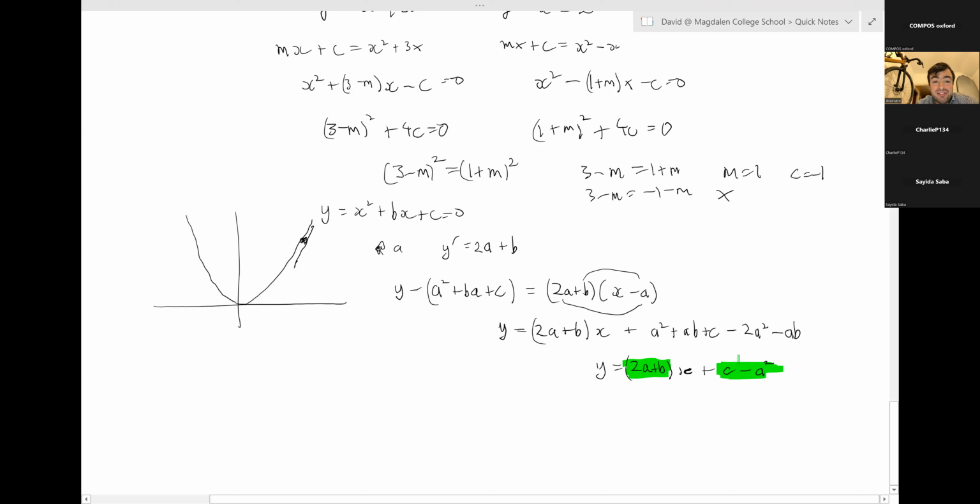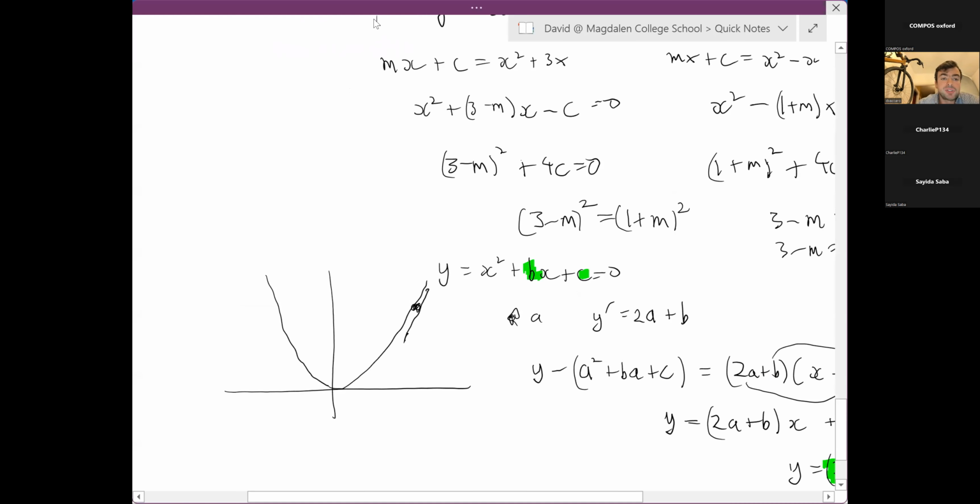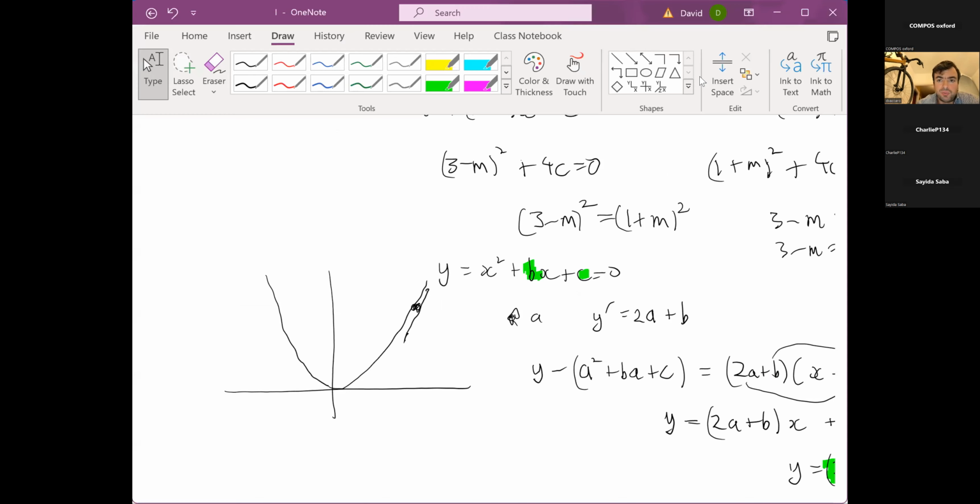in terms of the coefficients of the quadratic.